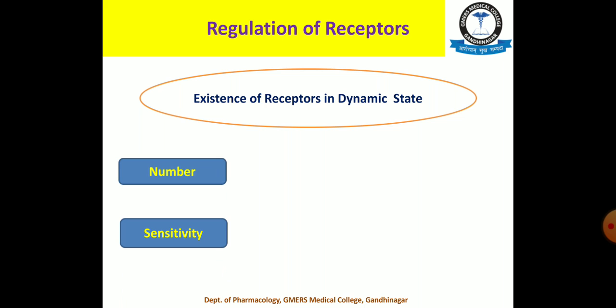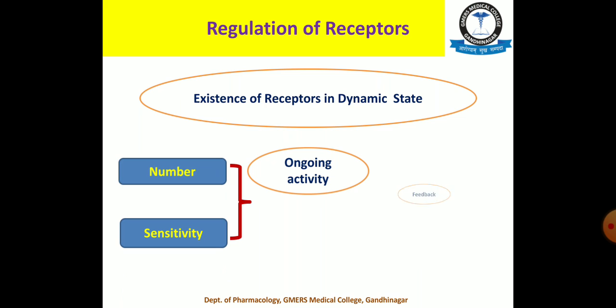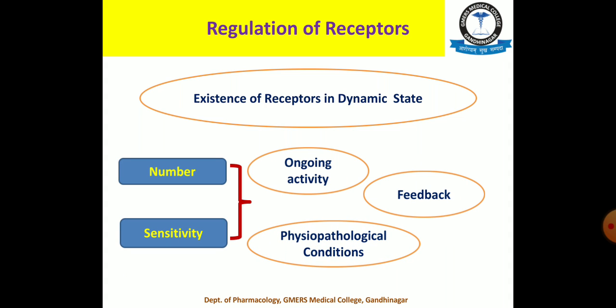And the factors that decide this changing number and sensitivity are: one, the level of ongoing activity, then feedback mechanism by the receptors themselves, and third, very important, physicopathological conditions.